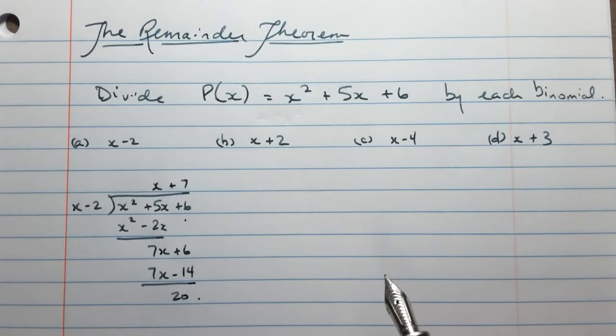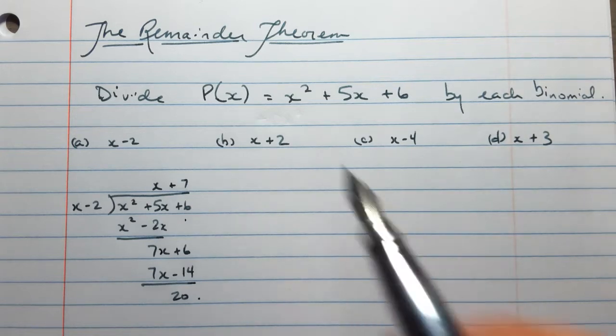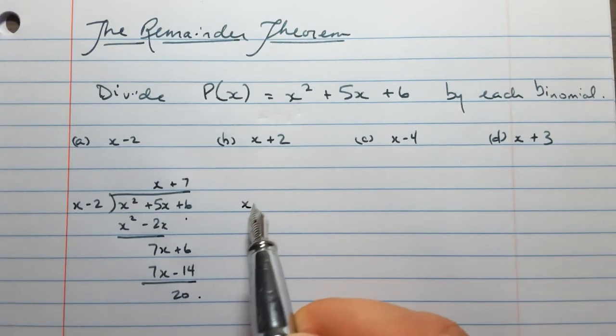Okay, so for the first one I got x plus 7 with a remainder of 20. Let's try the next one.